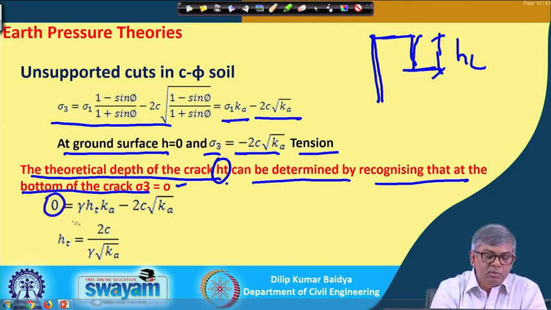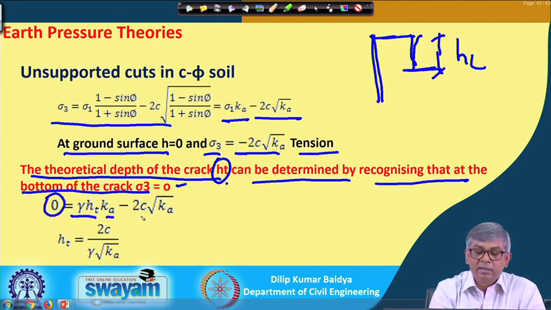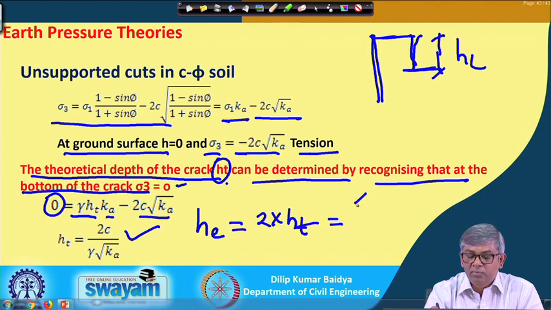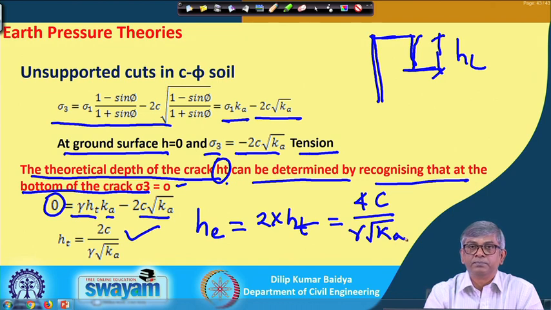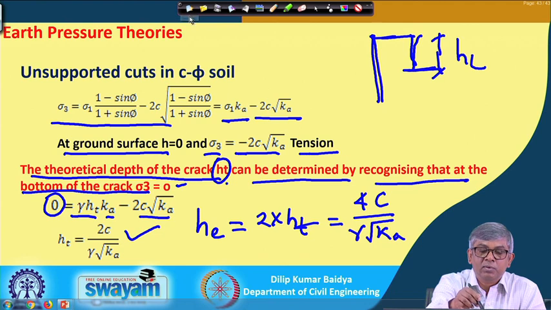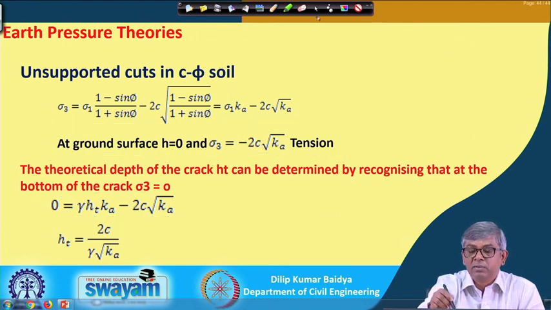So 0 equals gamma Ht Ka minus 2c root Ka, and from here I can get Ht equal to 2c by gamma root Ka. So the depth of excavation without support will be twice Ht, that means equal to 4c by gamma root Ka. Okay, this is the way one can find it out. These are useful for some earth pressure calculation, and later on we will show the use of it.